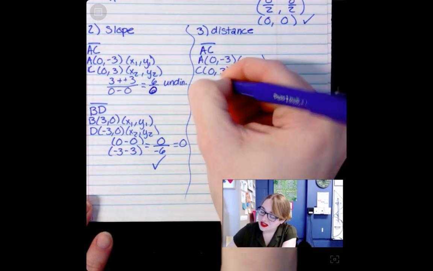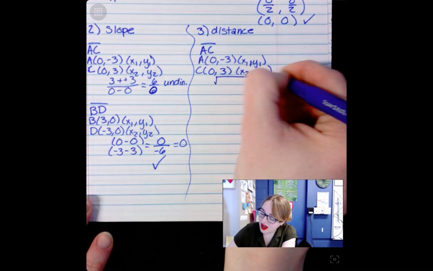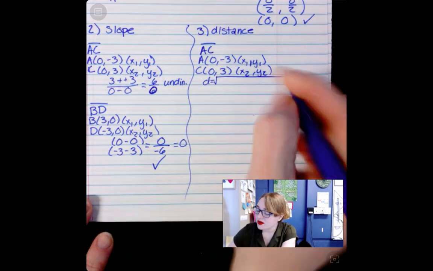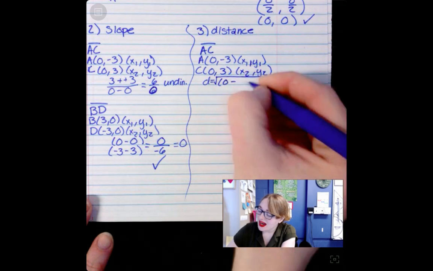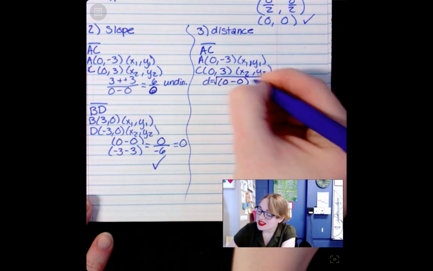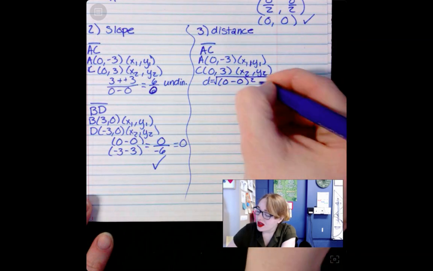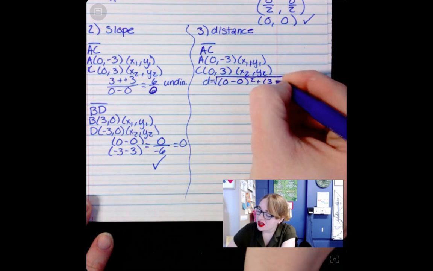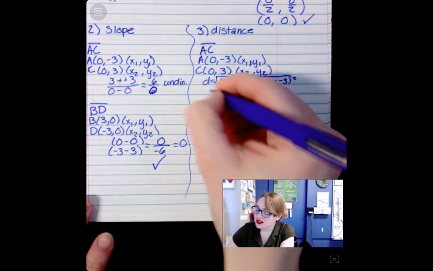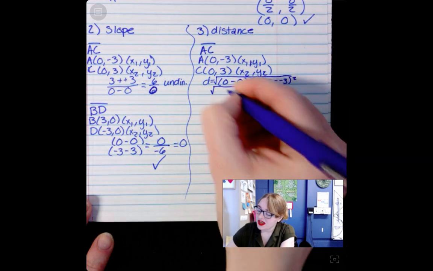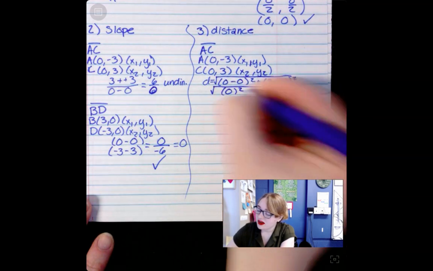Okay, so our distance formula, we have d for distance is equal to the square root of x2, which is 0, minus our x1, which is 0, squared, plus our y2, which is 3, minus our y1, which is -3, squared. Okay, so 0 minus 0 is just going to give us 0 squared.